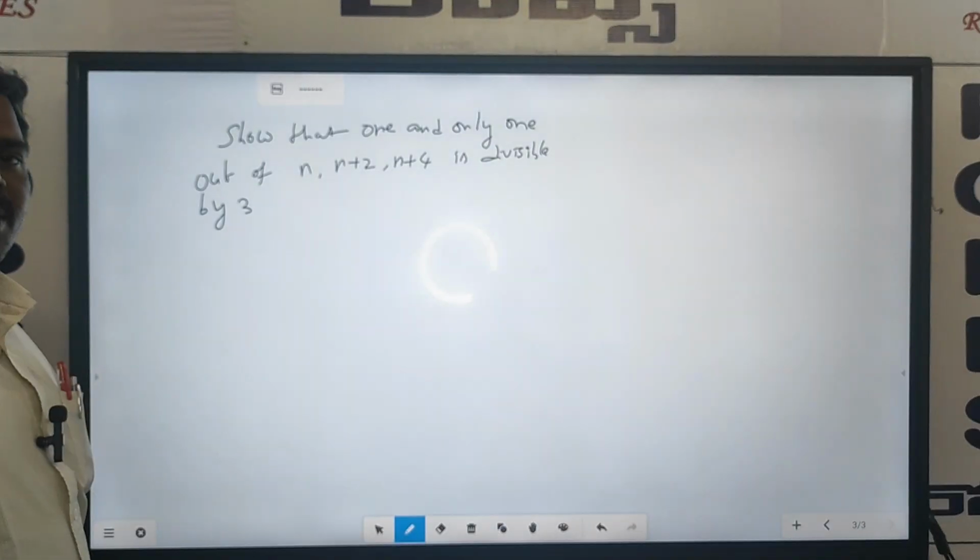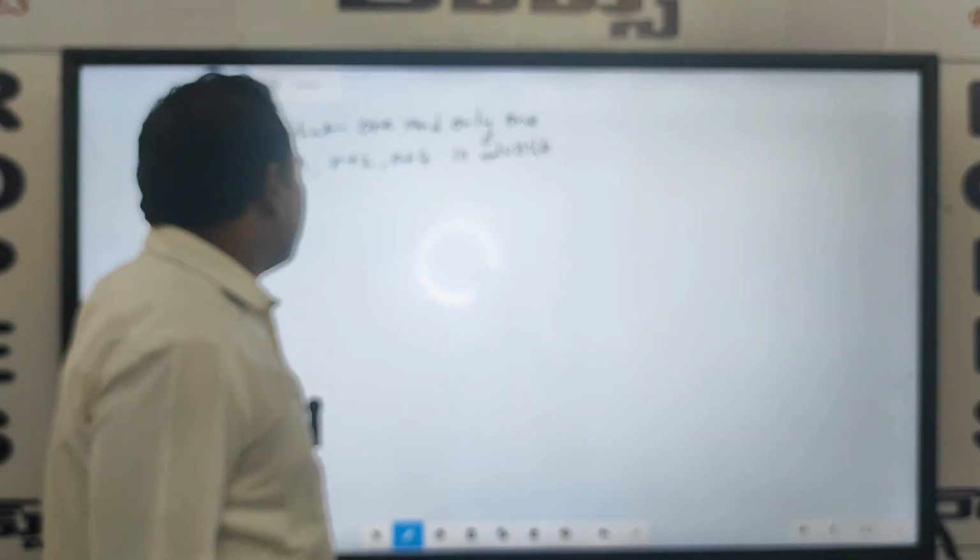This is the question. If you observe this, by using Euclid division lemma, we can show this one. See how we have to show.